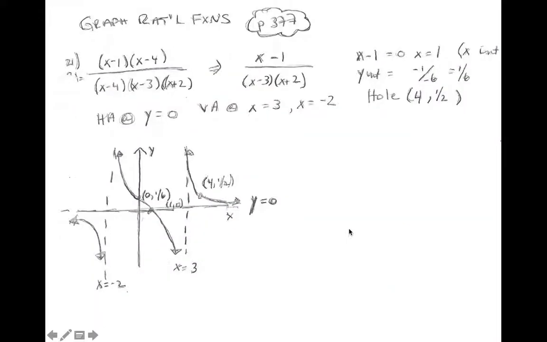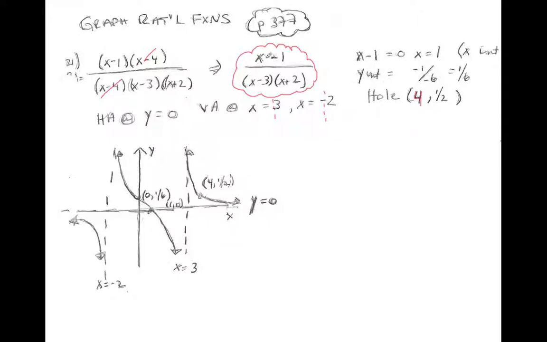So here's a picture of the homework from the book, page 377, number 21. Because that factor canceled out, I had a hole at 4. And then here's my cleaned up function that I used for everything else. Since x minus 3, x minus 2, and x plus 2 didn't factor out, I had vertical asymptotes there.